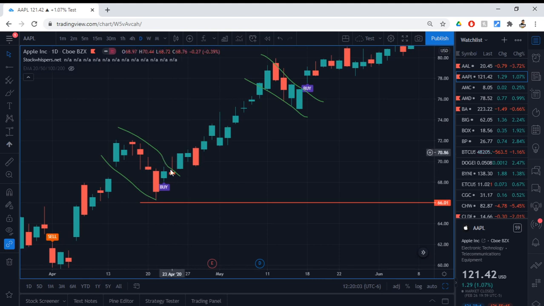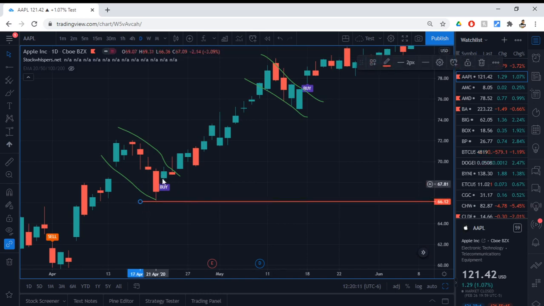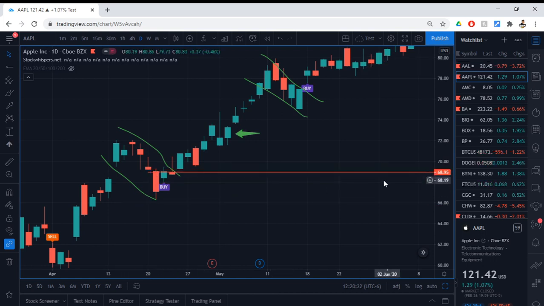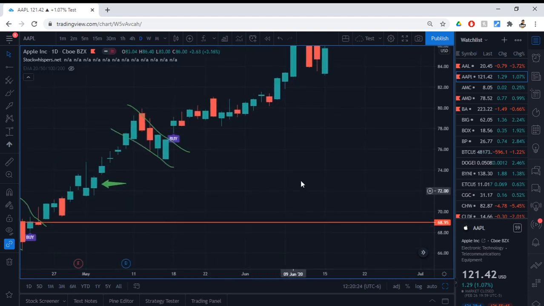I like using this strategy: stop loss right below the candle right before it. This starts moving up, I'm right here, I'll just kind of move my stop loss to my entry point, and then go from there.